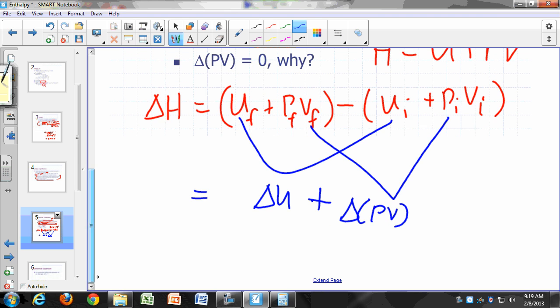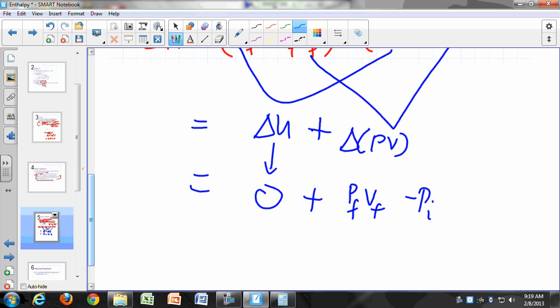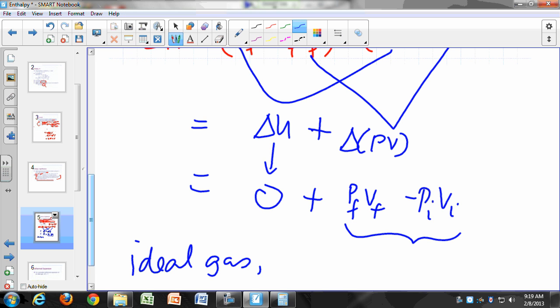Okay, and we've already shown for an ideal gas isothermal process, delta U is 0, right? So what's delta PV? P final, V final, minus P initial, V initial. Is that 0? Is P final, V final equal to P initial, V initial? Ideal gas, constant T. Yes, right?